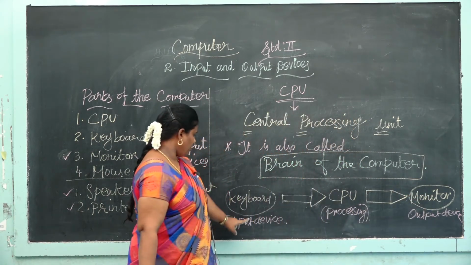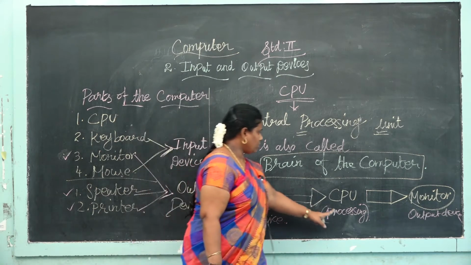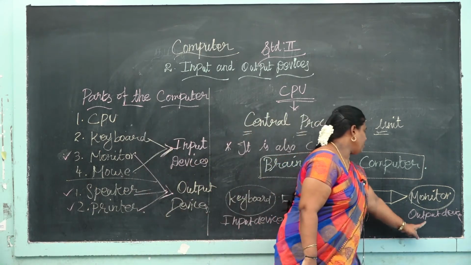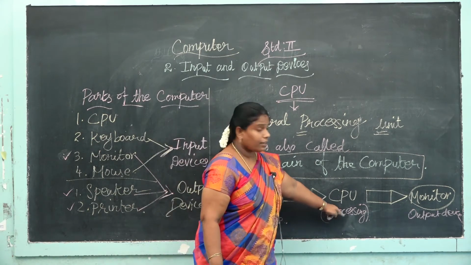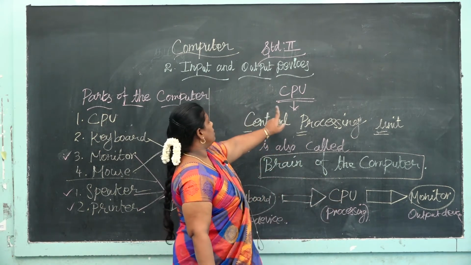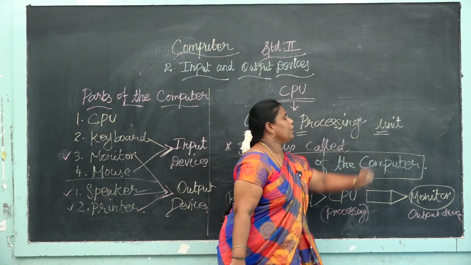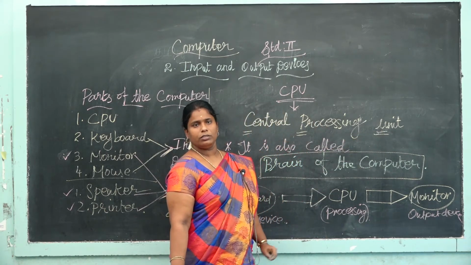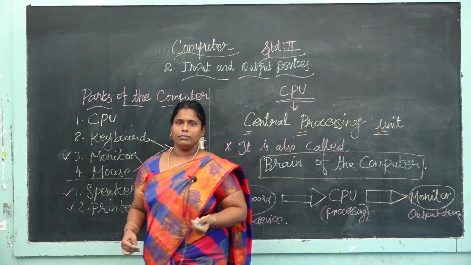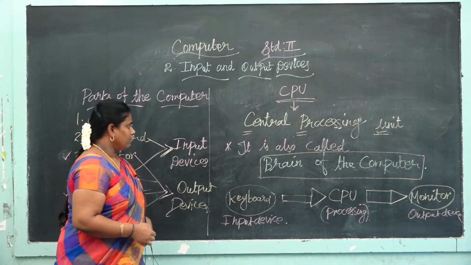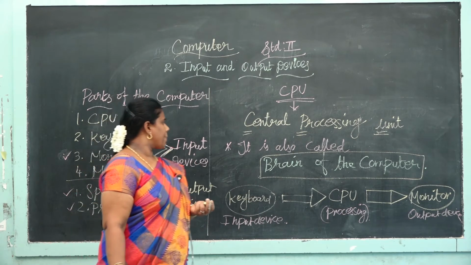So first one, input device, keyboard; processing area, CPU; output device, monitor. So processing area la yaar irukka? CPU. That is called CPU, central processing unit. Are you all clear? Rafi, copy that note, ma.